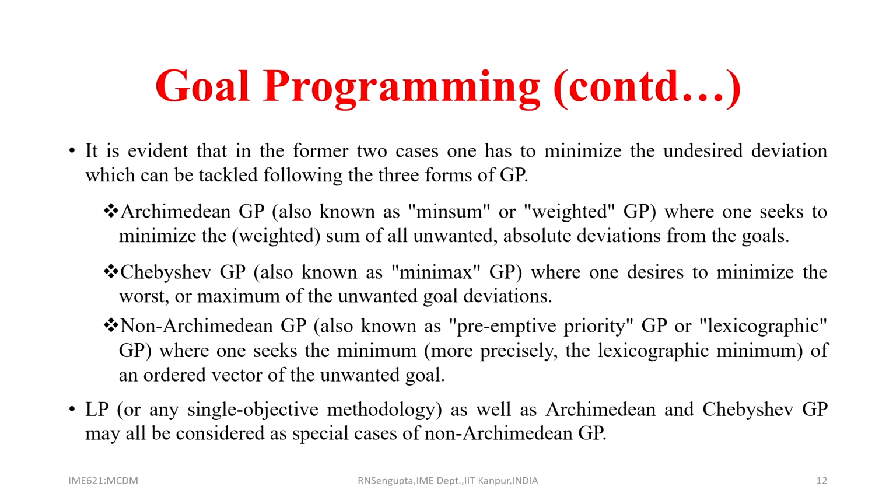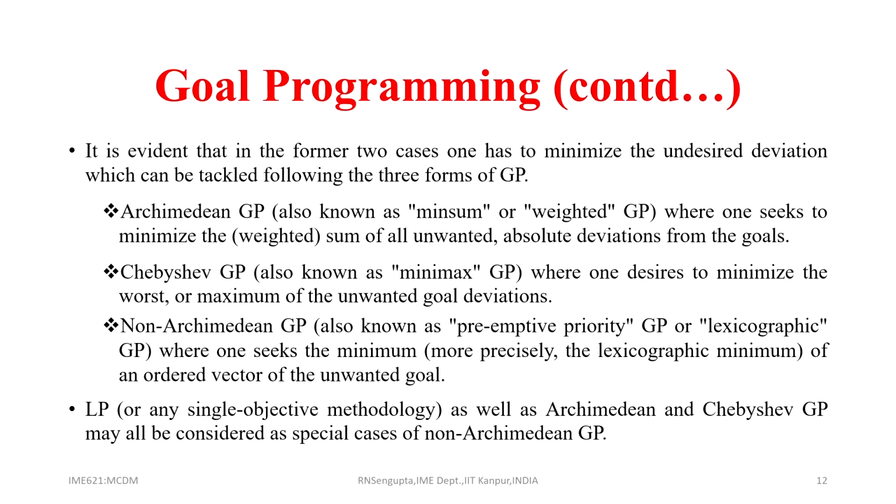It is evident that in the former two cases, one has to minimize the undesired deviation. More than optimal, reduce it. If your optimum value is 10 and you produce more, obviously you would not be achieving the optimum value.